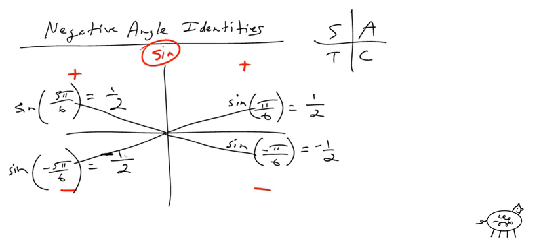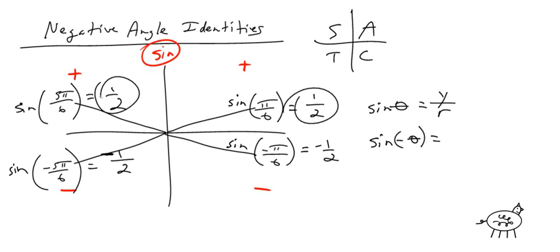All right, so we have some values here, positive and negative, and I want to make a little thought here. Sine of theta, do you guys agree it's y over r? And sine of negative theta, isn't the y value negative? Isn't it negative y over r? Okay?